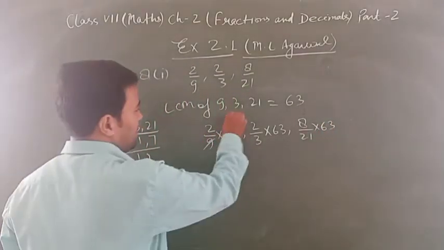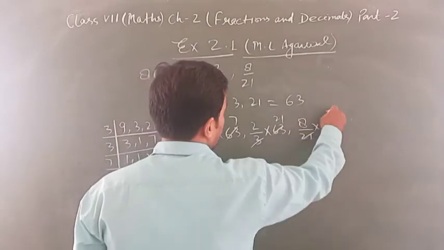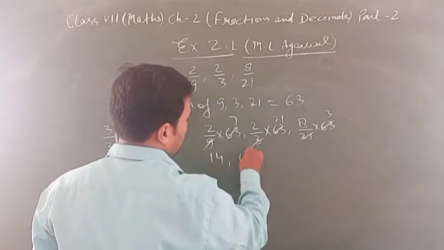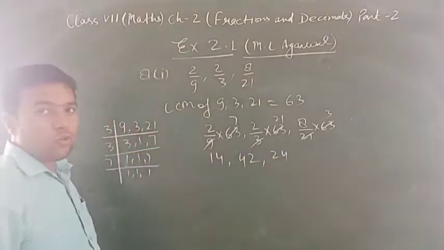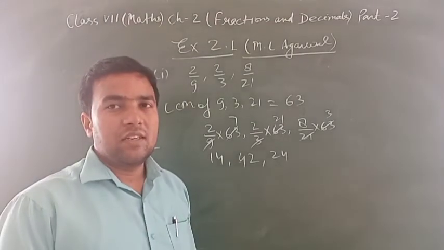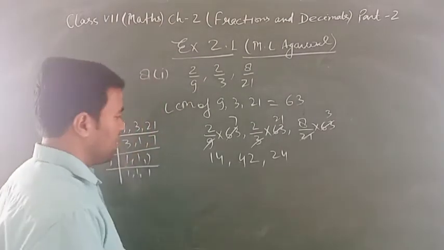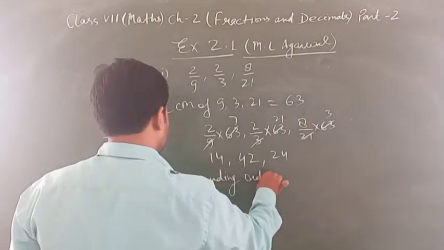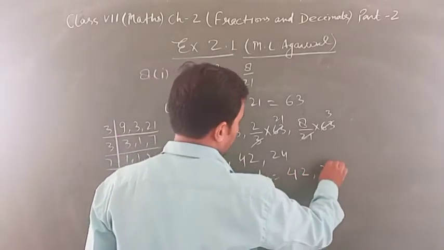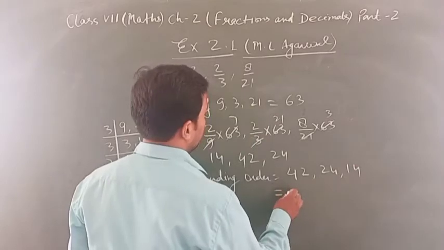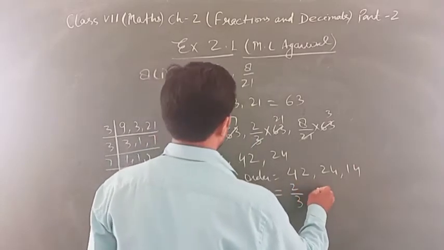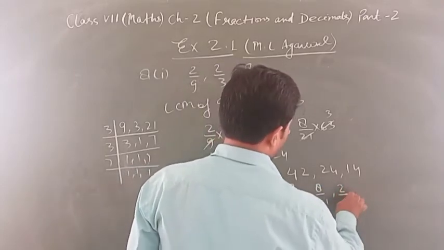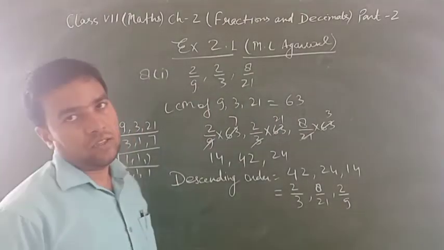Clear? 9 sevens are 63, so 2 sevens are 14. 3 twenty-ones are 63, so 2 times 21 is 42. 21 times 8 by 21 gives 24. So the question is asking to write these fractions in descending order: 42, 24, 14. 42 means 2 by 3, 24 means 8 by 21, and 14 means 2 by 9. It is in descending order.